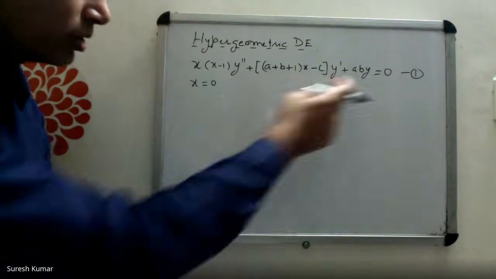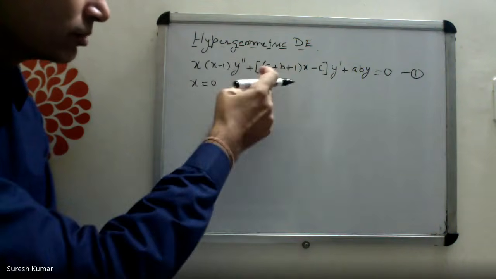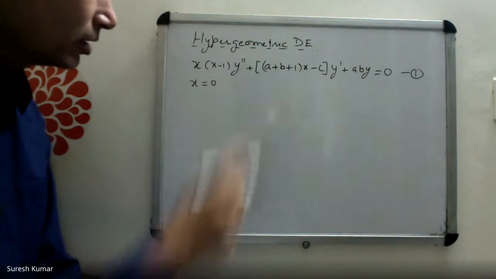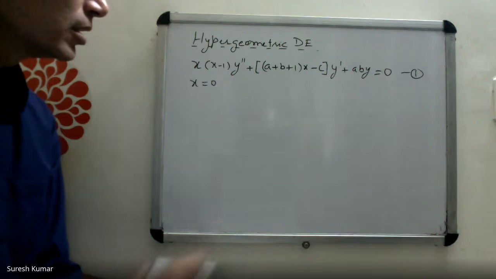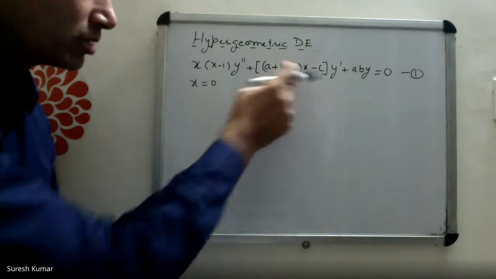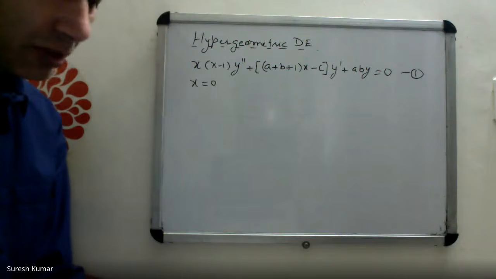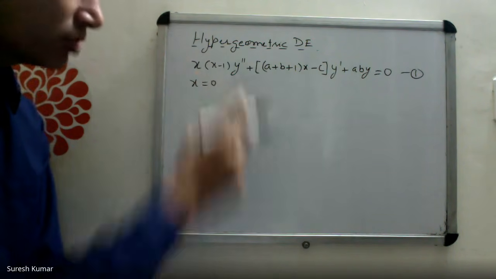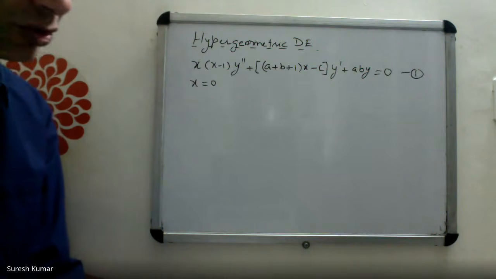It's clear from here: dividing by x(x minus 1), then p(x) multiplied by x and q(x) multiplied by x square are analytic at x equal to 0. Likewise, x equal to 1 is also a regular singular point.